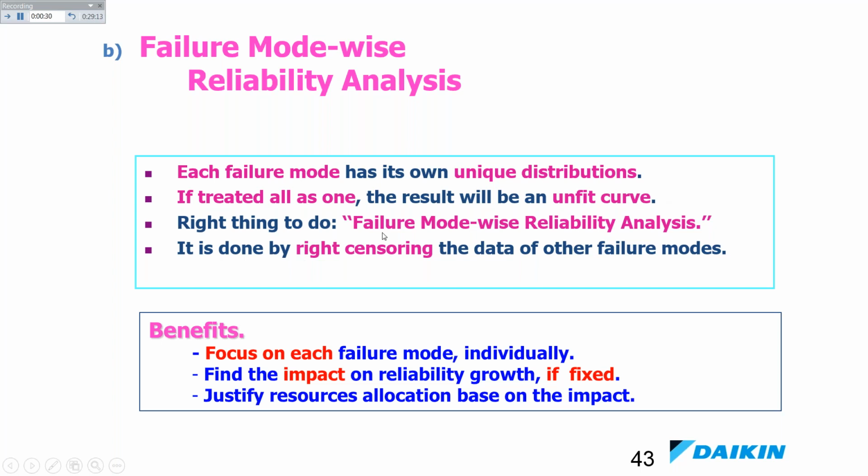So the right thing to do is to isolate by failure mode and do the failure mode wise analysis. How it is done is you right censor the other failure modes when you want to look at one failure mode. So the benefit is you focus on one failure mode individually and thereby you know the impact of the reliability growth if you fix that. And that's the main advantage.